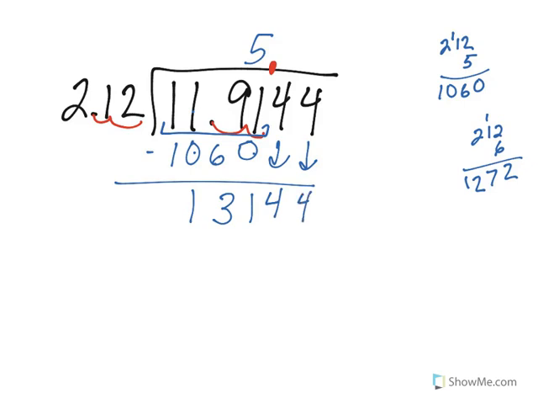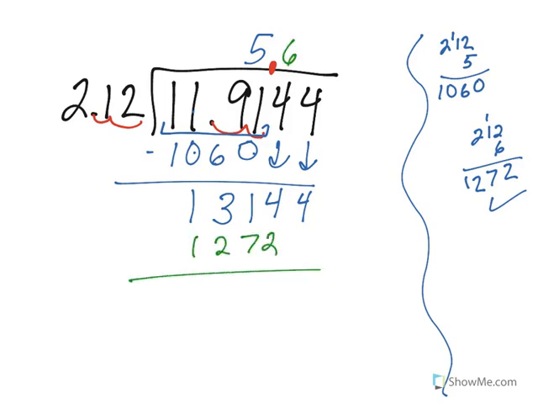Now, this is something on the side here, this multiplication. I always encourage people to write it down. Don't just put it in your calculator, because if you put it in the calculator, then it's gone. But now when I look at this and I see 1314, well, I'm going to use 1272. So my next number is 6, and it's going to give me 1272. So it makes your life a little easier if you just write things down on the side.